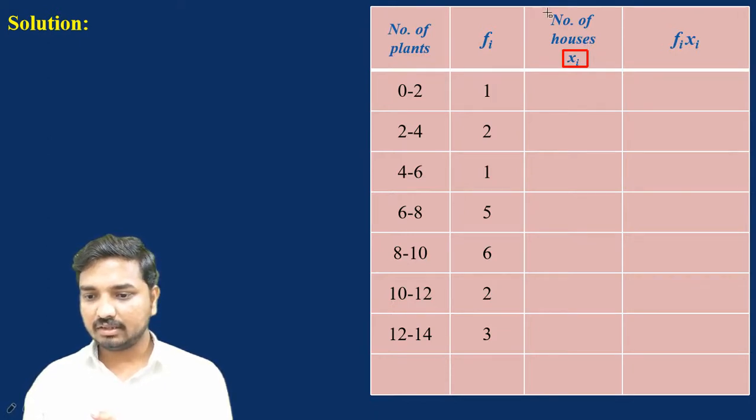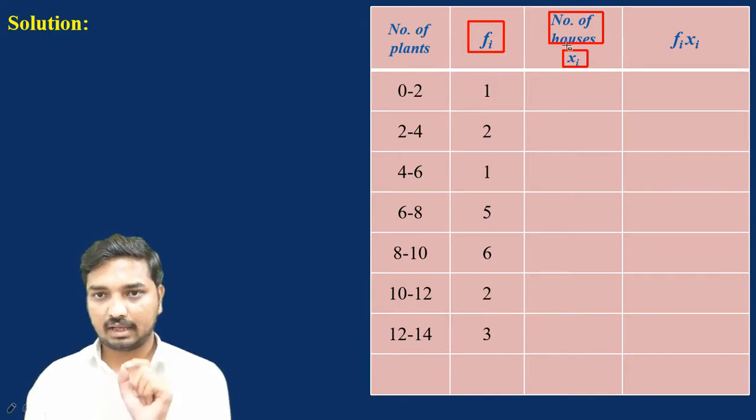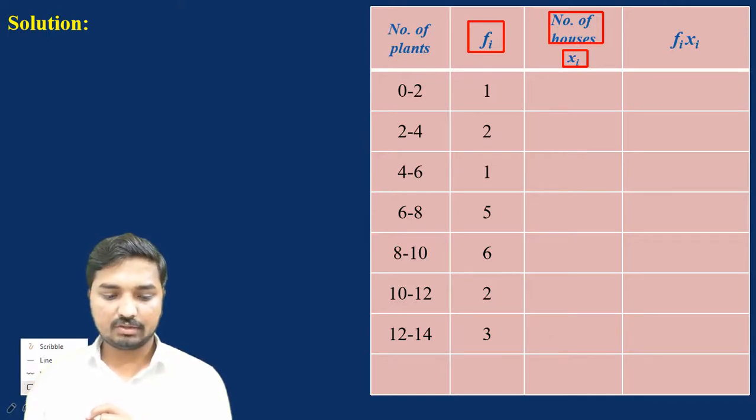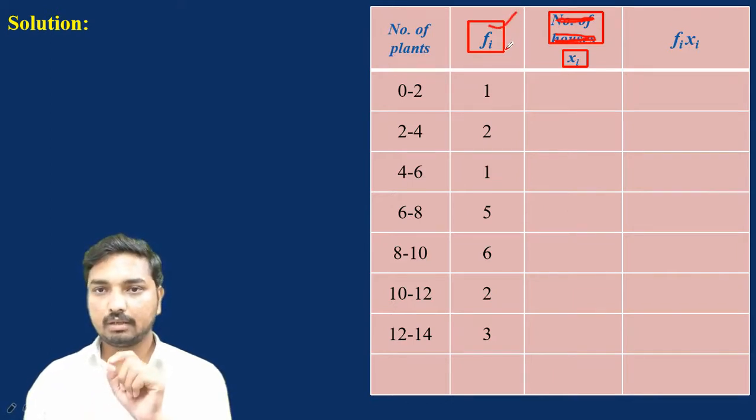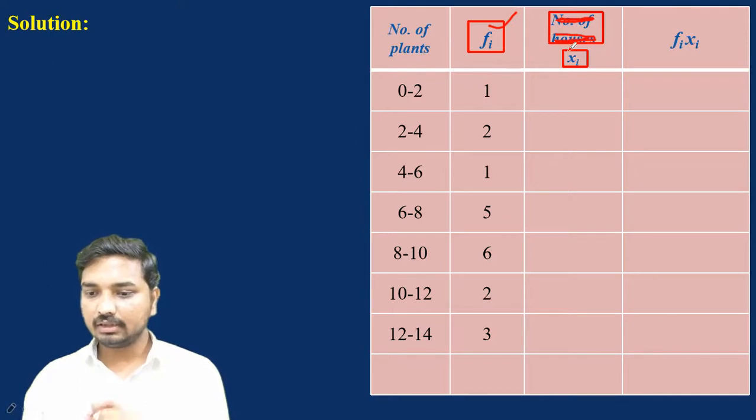In the third column, just write xi. Frequency is the number of houses, and the third column should be equal to xi. Look at the fourth column, it is fi into xi.